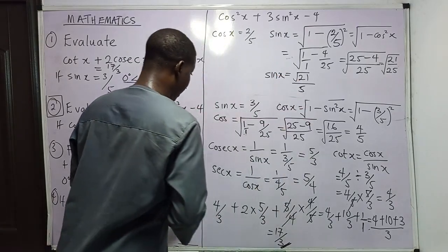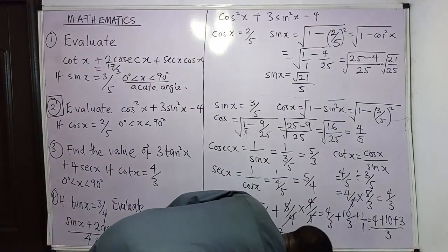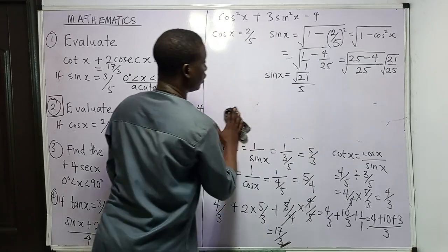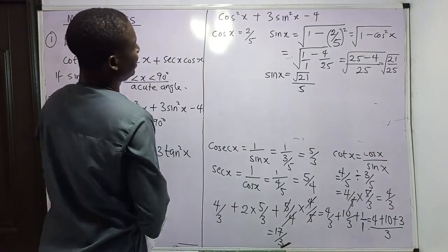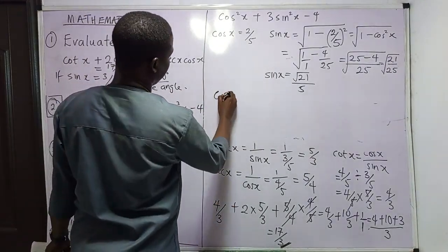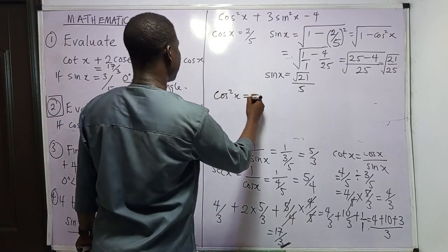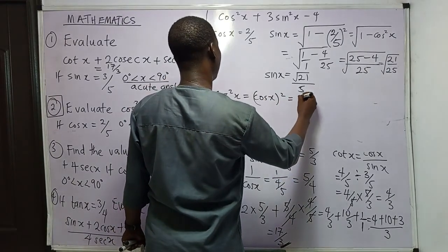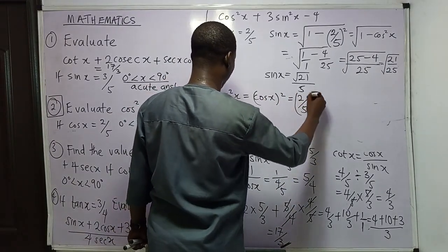Now I think we can move from here. What do we do in our class? We now find cos square x. Cos square x actually means cos x all square. And that will give us 2 over 5 all square.